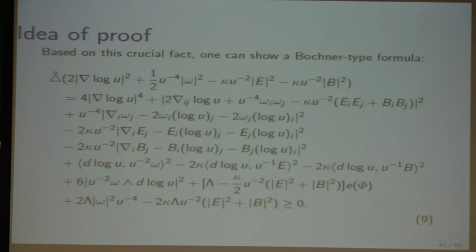And you use a Bochner type formula, then a lot of computation. All of these terms on the right-hand side are non-negative, if we assume lambda is non-negative, kappa is non-positive, and kappa prime is non-negative.